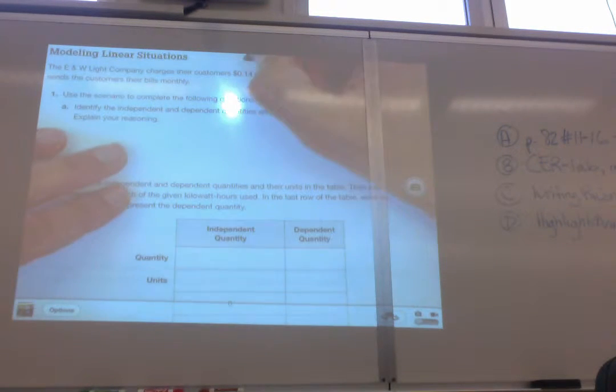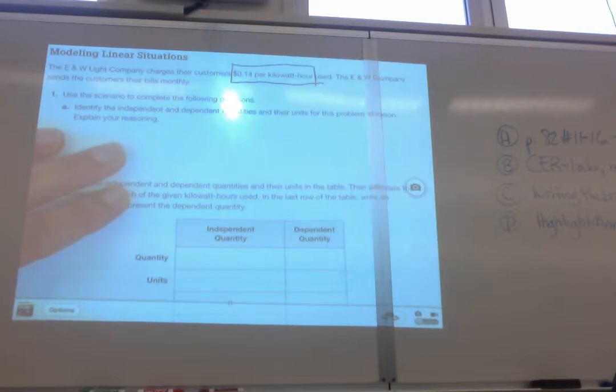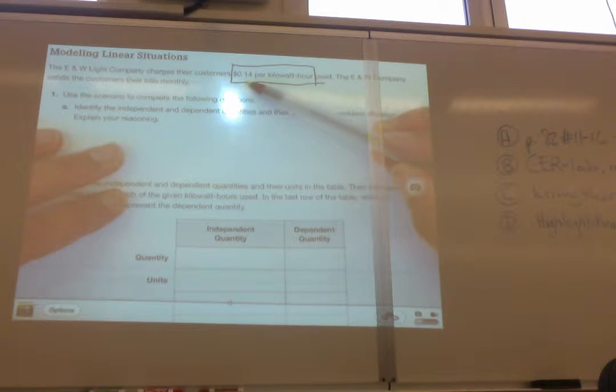Okay, so box the thing that says 0.14 per kilowatt hour used. What's confusing in this is that 14 cents is written like a dollar. So it's fractions of a dollar, decimals of a dollar, and that's how it will be on your bill.